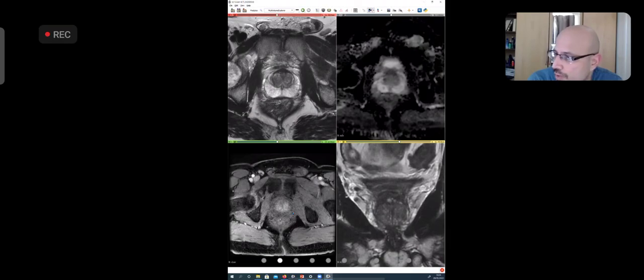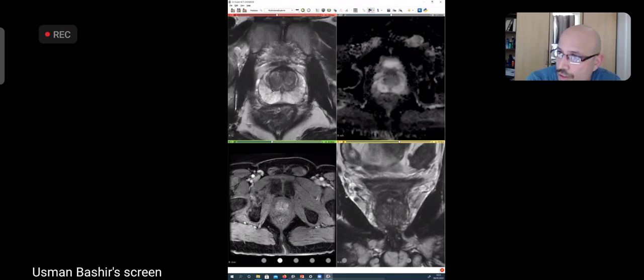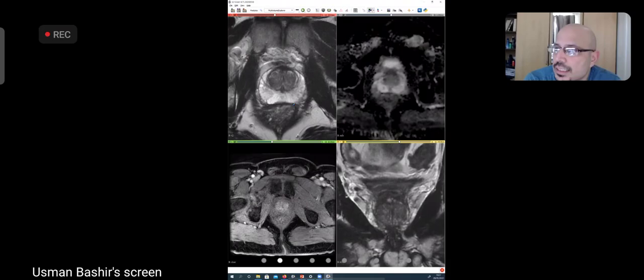Now we're only looking at the transitional zone. We've already marked the two lesions I previously demonstrated within the peripheral zone. Now we moved on. Now this is a very prime example of an otherwise normal looking transitional zone which only has BPH signal inside it.